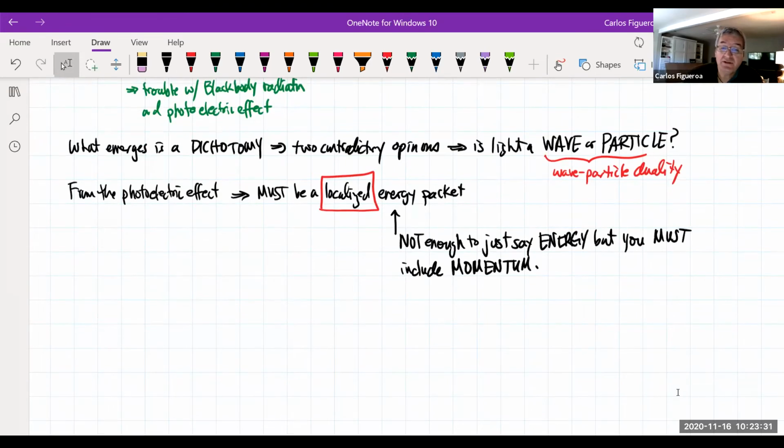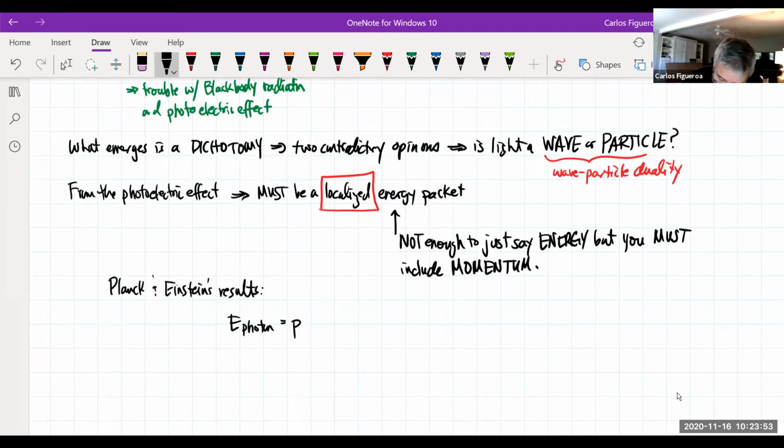And here's where, if you start to put this together, we take Planck and Einstein together, and look what emerges here. If I have the energy of a photon, then we know from the previous chapter that the energy of a massless particle must be Pc.